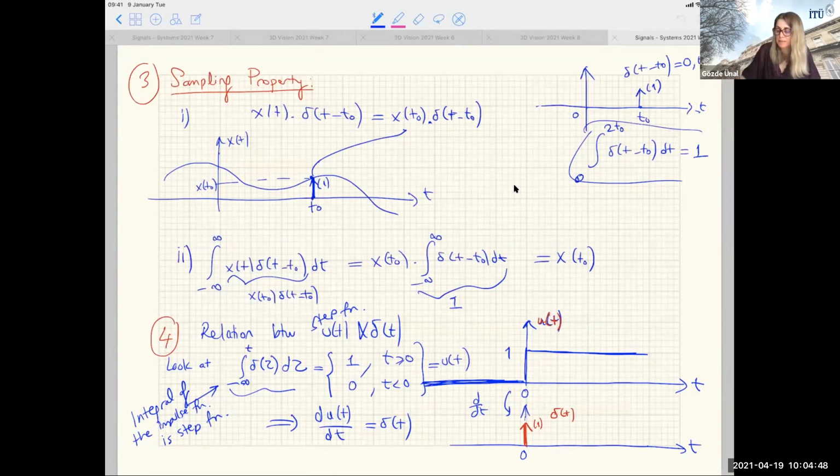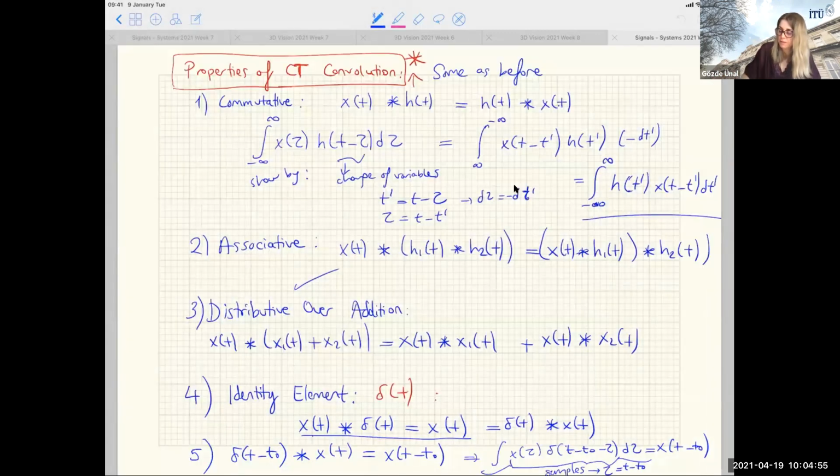Now the convolution uses this property, and convolving by a shifted impulse really just shifts the signal.